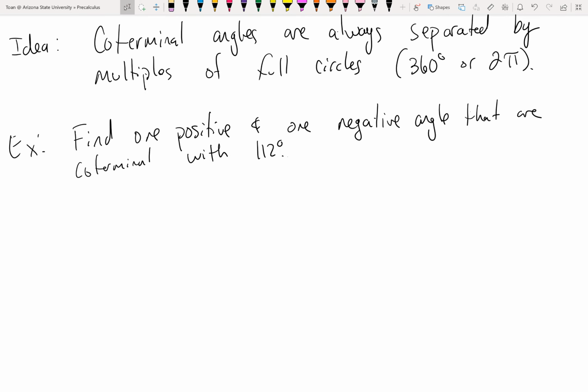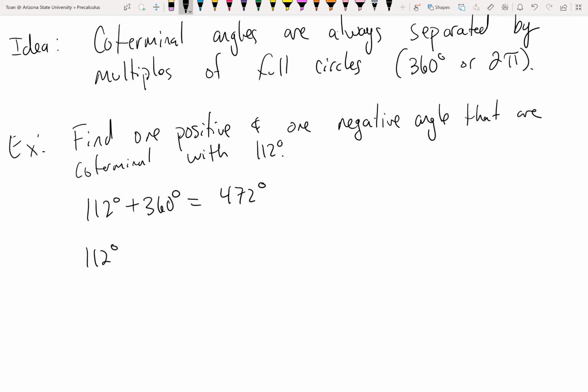Since I want coterminal angles, all I have to do is add or subtract a full circle. Since we're in the degree system, that's going to be 360. Now, since they want one positive and one negative, that would probably tell me that I need to add and subtract. So let's find the positive coterminal angle. To do that, you simply add 360, and we get 472 degrees.